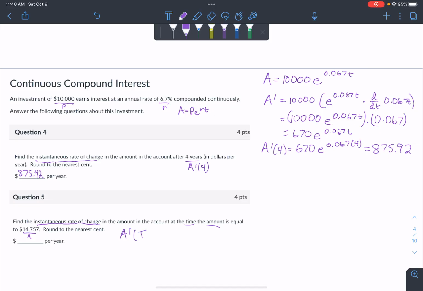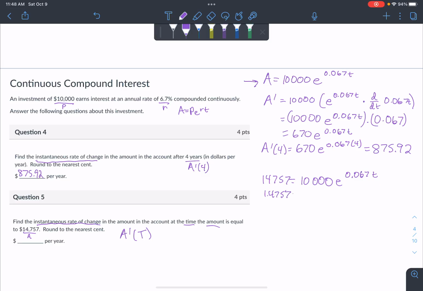Maybe I'll use capital T for this specific time that we're trying to find. To find that time, we want to find when my amount is 14,757. So I'm going to use my amount function first, not the derivative. And I want to solve for t, which we already saw how to do for our second question.